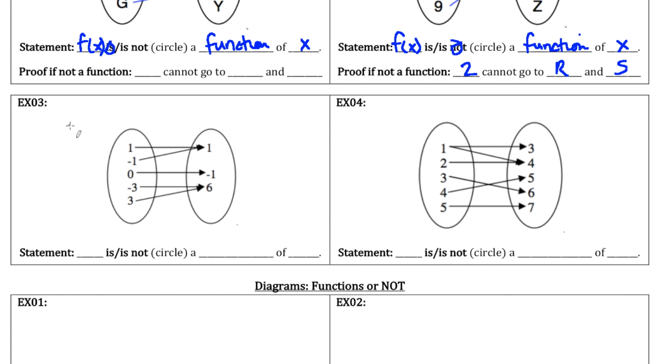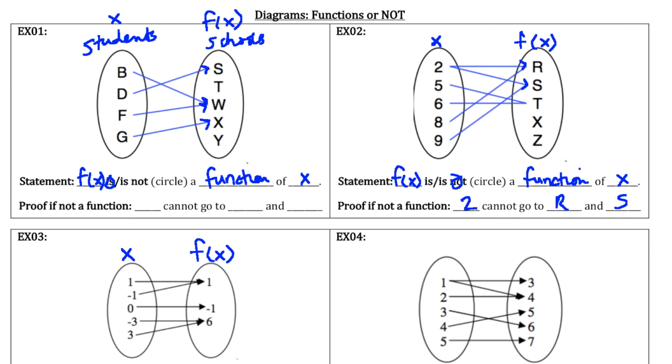Example, I guess 3 in this section. Once again, x, f of x. Actually, looking back, f of x means that it is a function. It was fine here. So we probably shouldn't use f of x, because f of x means function. So let's change this to y for now, because we won't know until we check it.